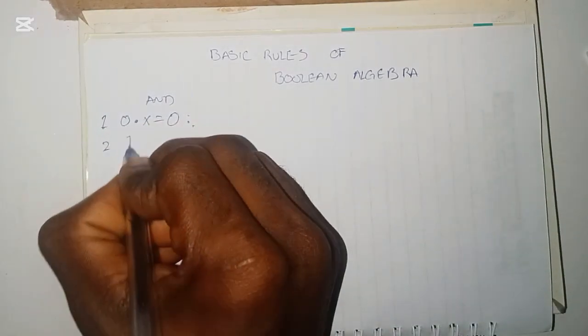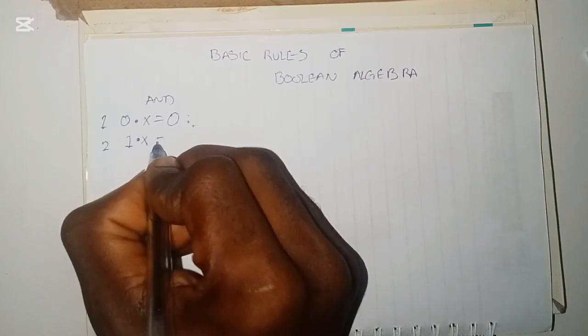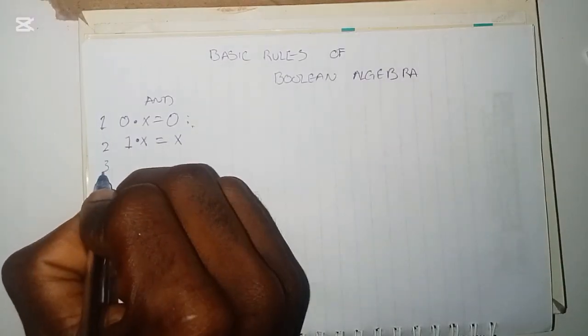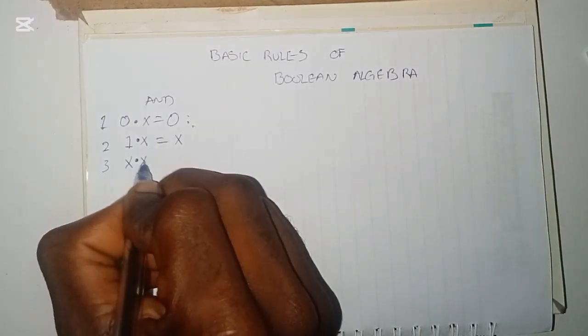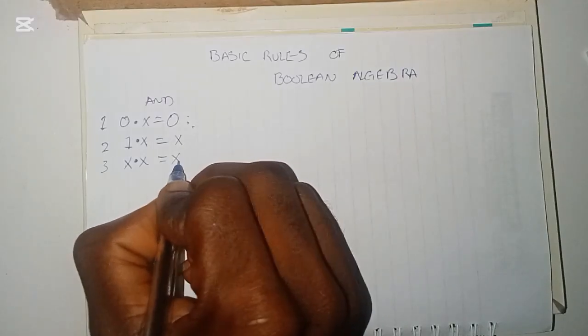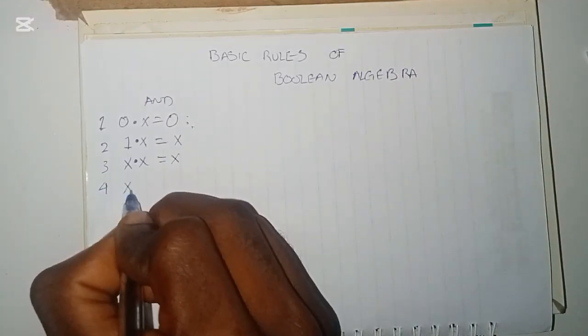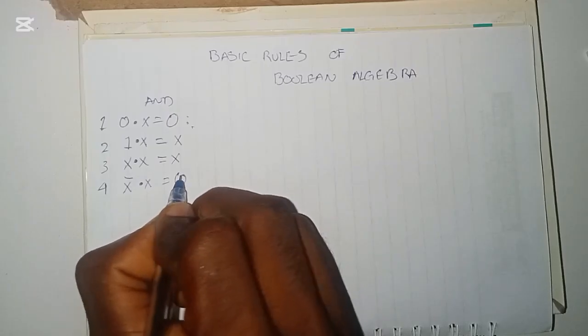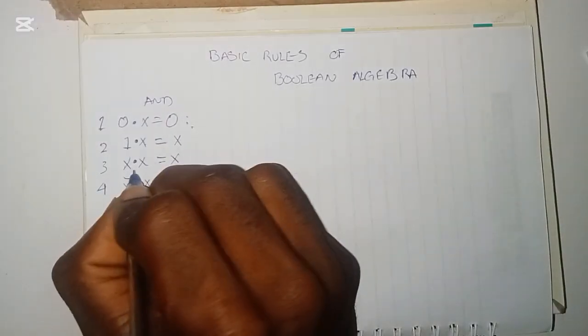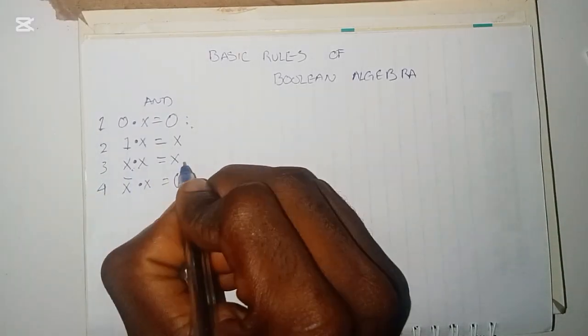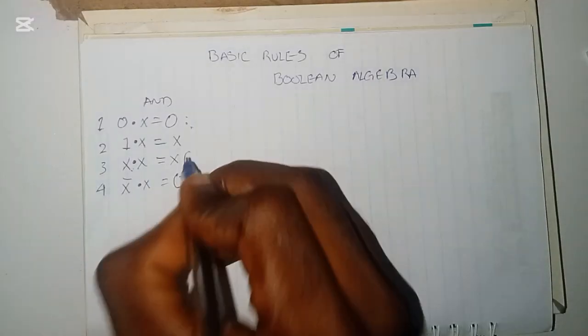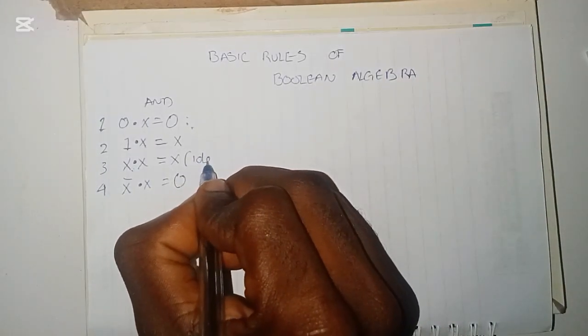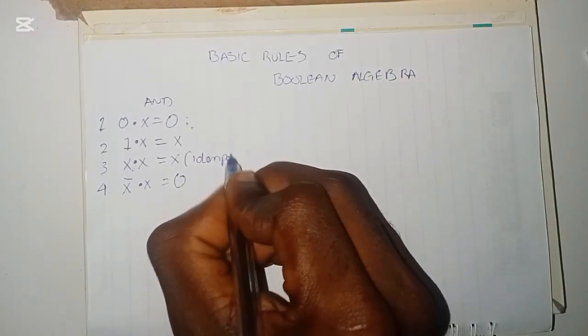The second one is 1 and x is equal to x. The third one is x and x is equal to x. The fourth one is x bar and x is equal to 0. Now, this x and x, we might be asked, it is from the idempotent law.